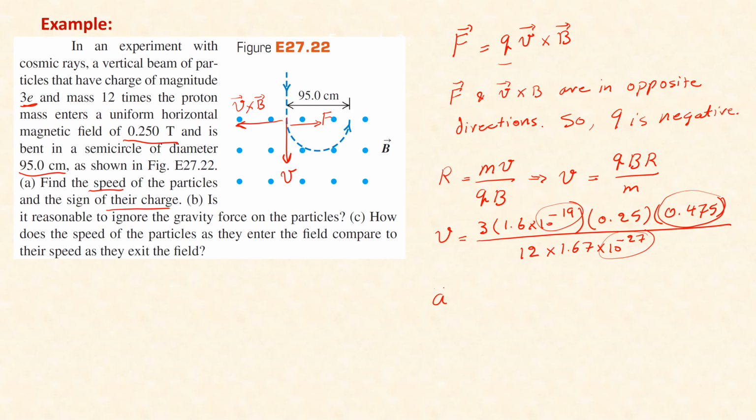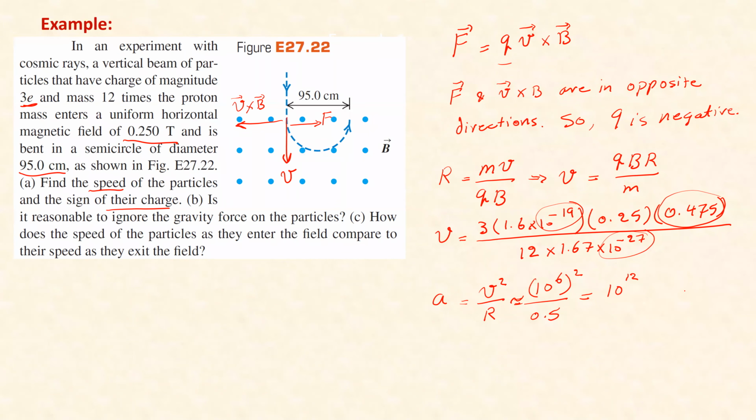So the acceleration of the particle, the magnitude of the acceleration, is V squared over R. And V is on the order of 10 to the 7th, or maybe 10 to the 6th at least. So there will be 10 to the 6th squared over 0.5, I'm estimating. So that's 10 to the 13 or 12. The acceleration is on the order of 10 to the 12.